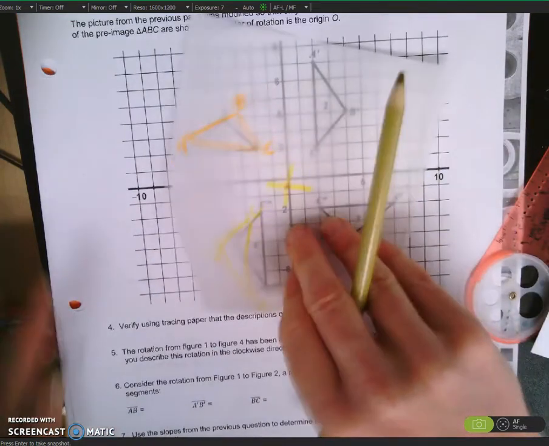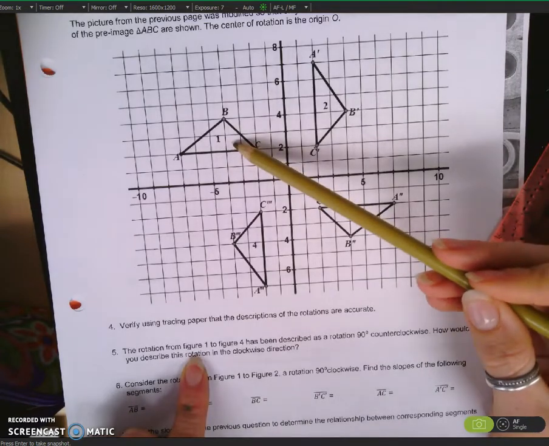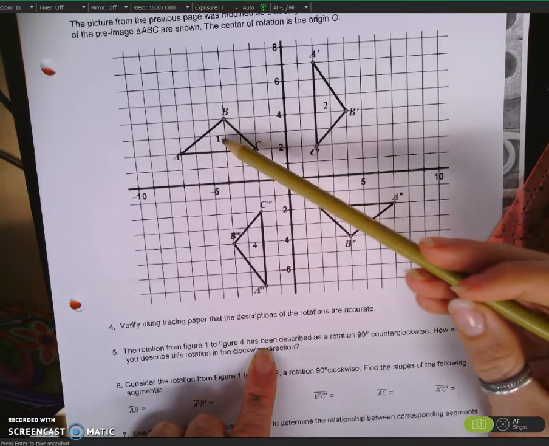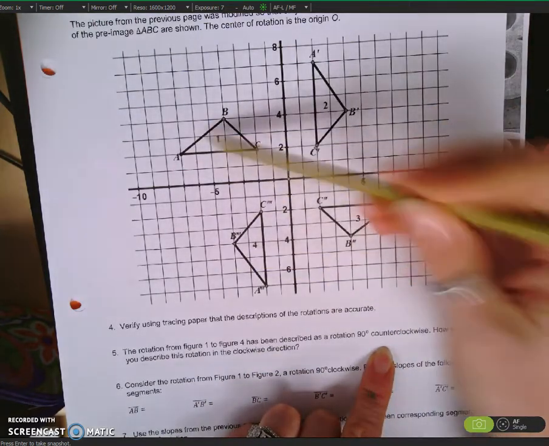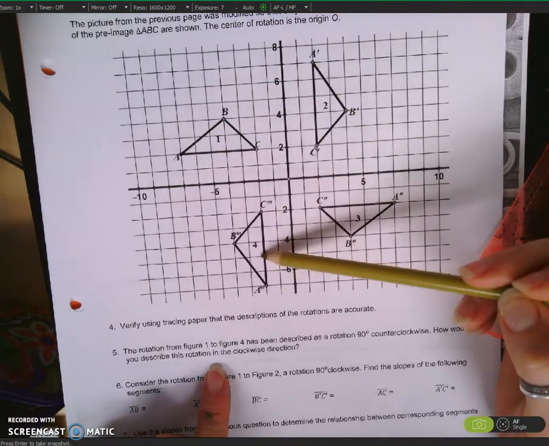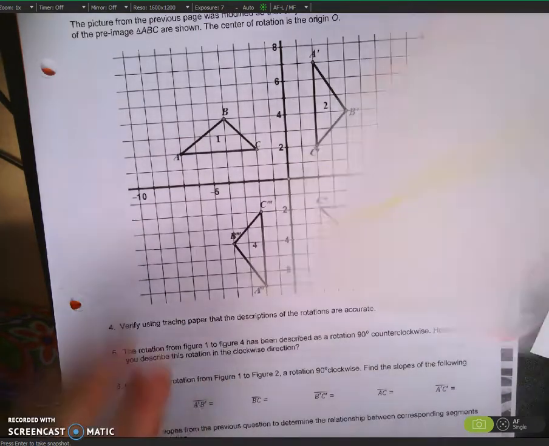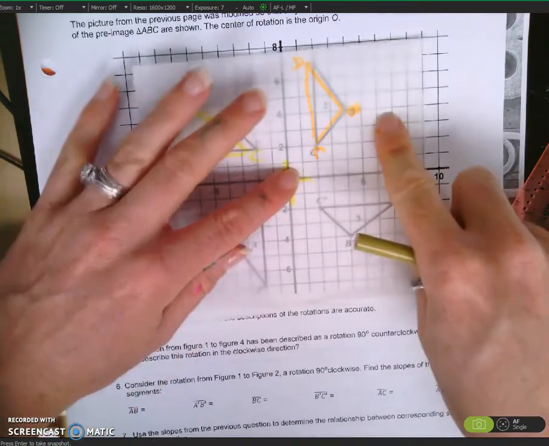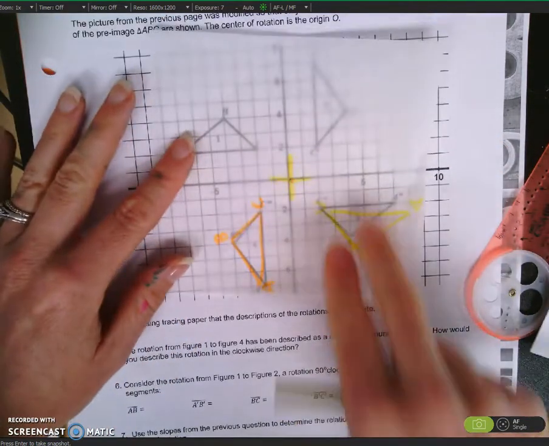Very nice. I want to know the rotation from figure 1 to figure 4. It's been described as a rotation of 90 degrees counterclockwise. However, if I need to go clockwise to get to figure 4, how many degrees is that? Let's count. 1 group of 90, 2 groups of 90, 3 groups of 90.